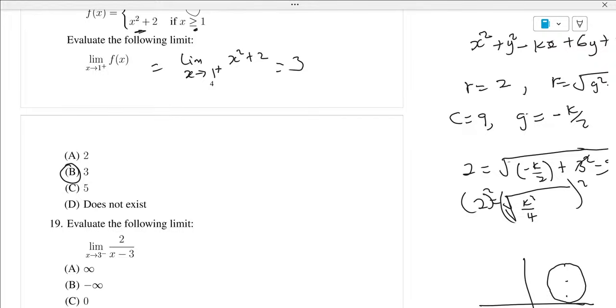Now evaluate the following limit as x approaches 3 from the negative. So for question 19, I want you to solve and give me your answer. Question 19, solve and give me the answer.